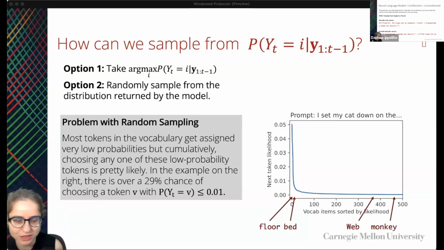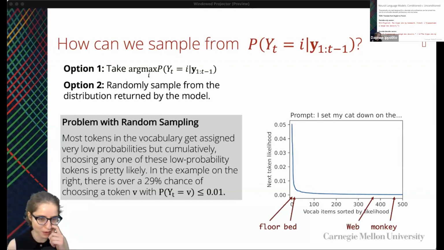So even though the probability of the word web or the word monkey following "I set my cat down on" is really low, and you have a very small chance of choosing any one of those words, cumulatively there's a pretty reasonable chance you're going to pick one of these low probability words. This can result in text that's just too random.